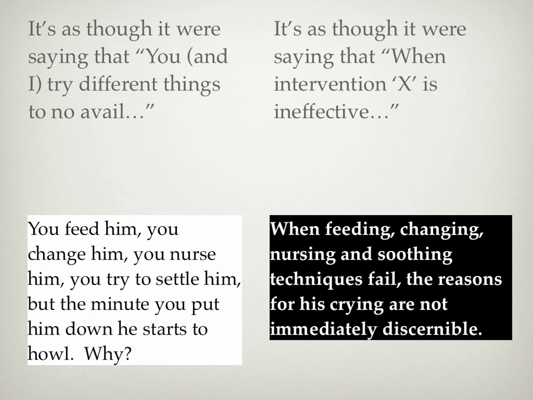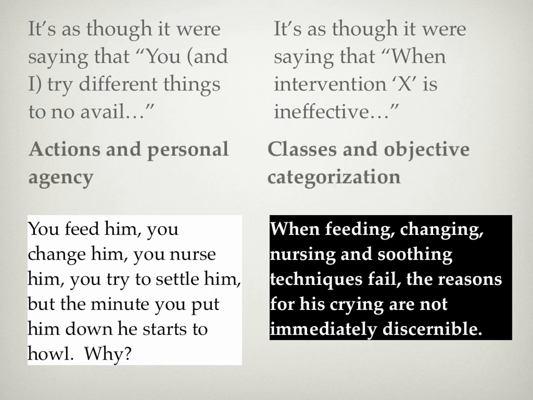But text 2 tends to treat babies instrumentally. Actions and personal agency, then, is a big feature of text 1, while classes and objective categorization is a big feature of text 2. Even action is objectified as an intervention.